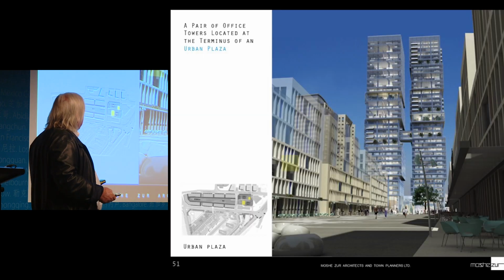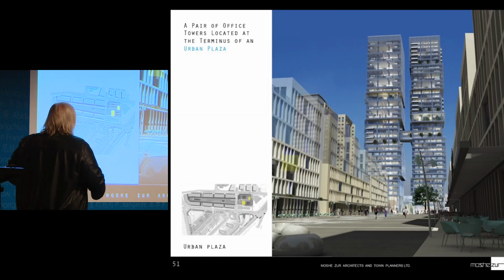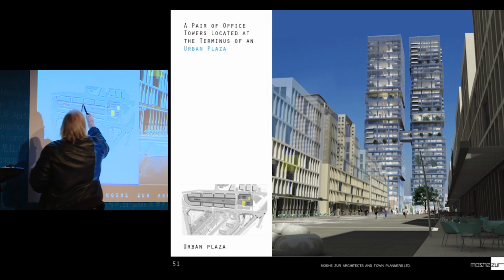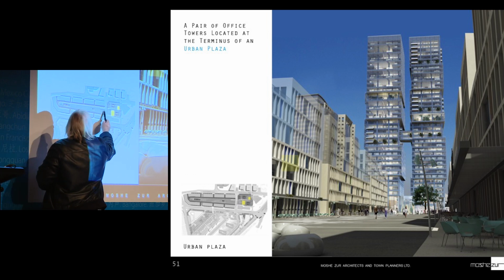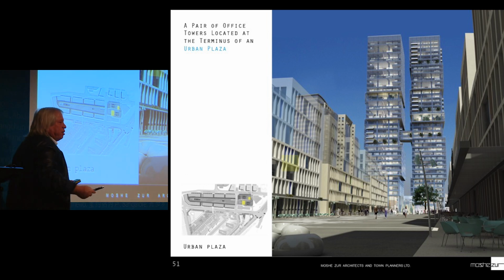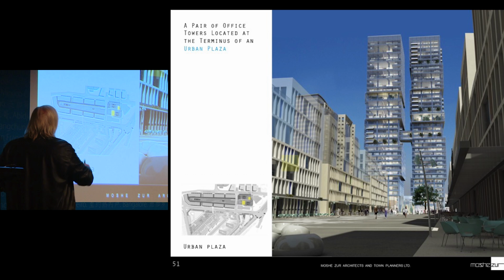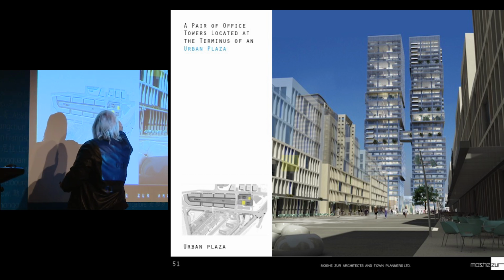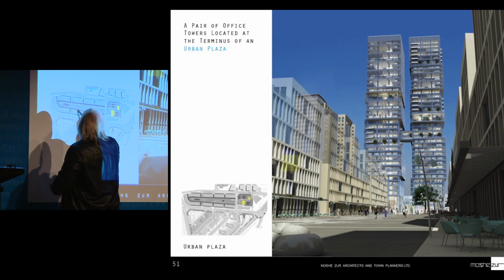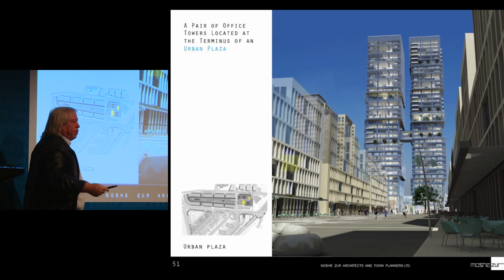But what's more important is that the project is at the edge of the linear public space that the city of Tel Aviv has created. And we wanted this project to be the focus point of all this space, the destination of all this space.